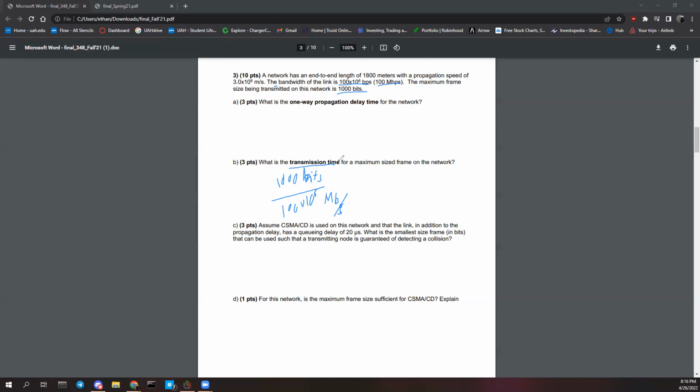How do you know that you're right? Transmission time should have a unit of time; it cancels bits here and leaves us with seconds again. So we're looking good. 1,000 bits divided by 100 megabits is approximately 10 microseconds for the transmission of the full max size single frame. That's good, no problems there, nothing tricky.